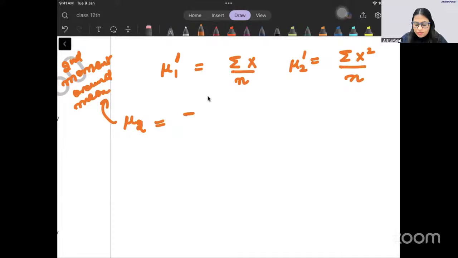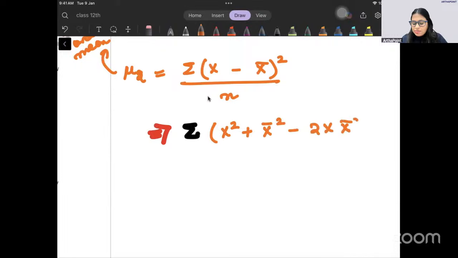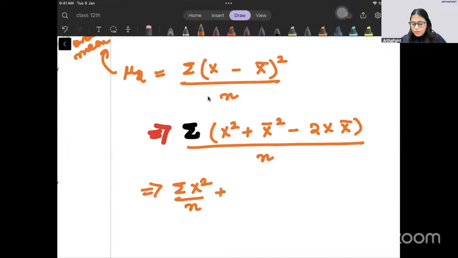That means I am doing summation xi minus x bar whole square by n. Now you know that if I open this up, I can write this as summation x square plus x bar square minus 2x x bar upon n. So I can write this as summation x square by n plus summation x bar square by n minus 2x bar summation x by n.